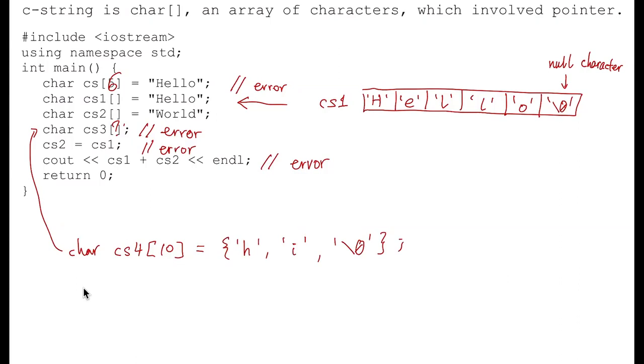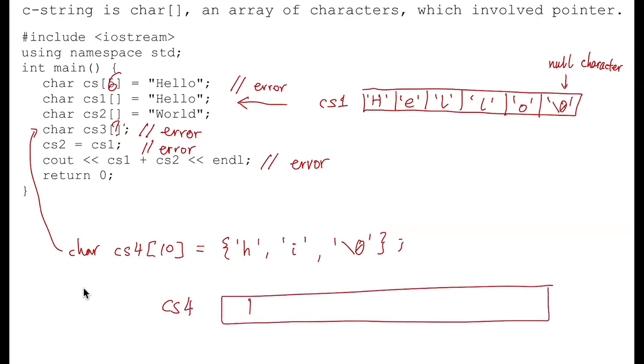Okay, so you can initialize C string 4 with a capacity of 10, but you only store hi in it, which means you have CS4, and this character array will have a capacity of 10. But you only store h and i, and then a null character to tell you it ends there.